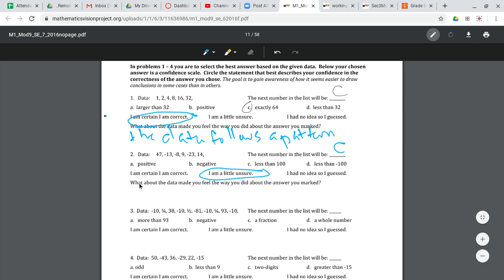So what about the data made you feel the way you did about the answer you marked? Since all the rest of the numbers are less than 100, the next number should also be.